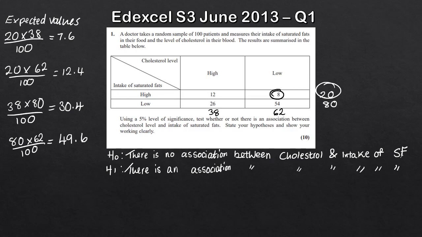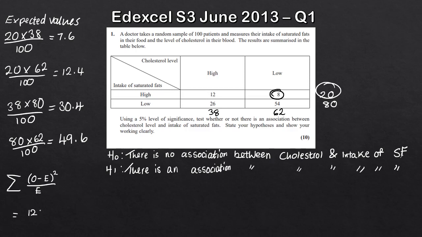So once you've got your expected values, we can now go on to actually working out the test statistic. So to do that, we use this formula here. So we're going to sum the observed minus the expected squared, and then we're going to divide it by the expected. Okay. So, for example, the first one would be, say, 12, because that's what we observed.